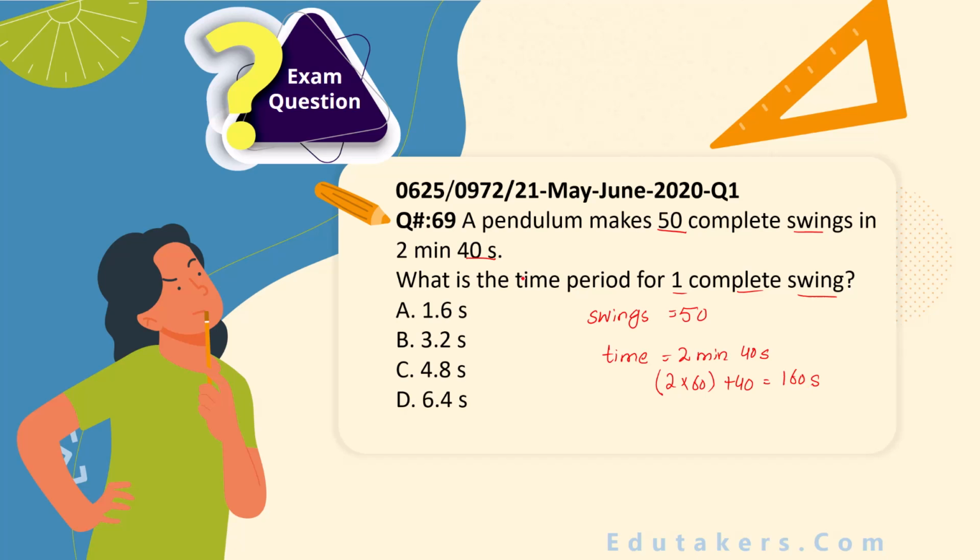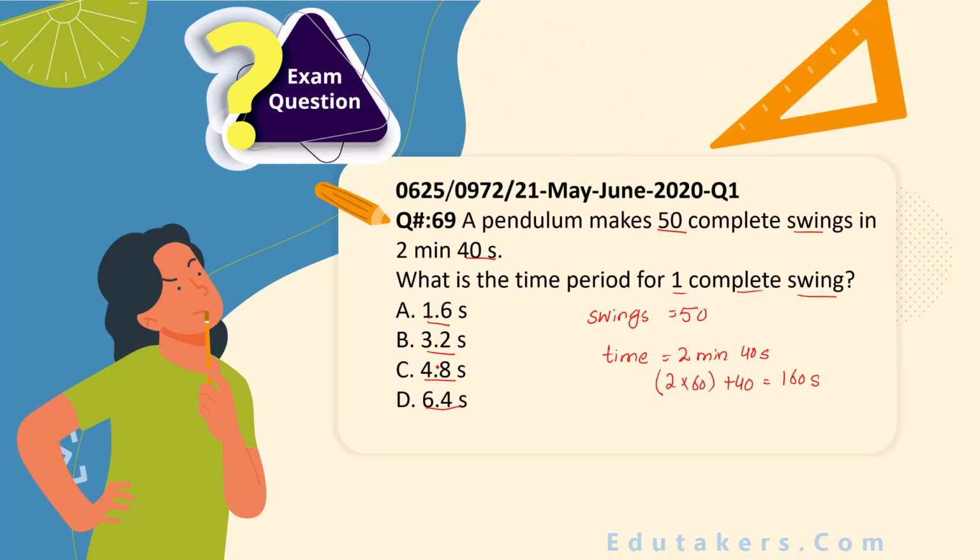So the total number of swings is 50 and the time taken to complete those swings is 160 seconds. What is the time period for one swing? You need to calculate the time period. Option A 1.60, B 3.2 seconds, C 4.8 seconds, D 6.4 seconds.